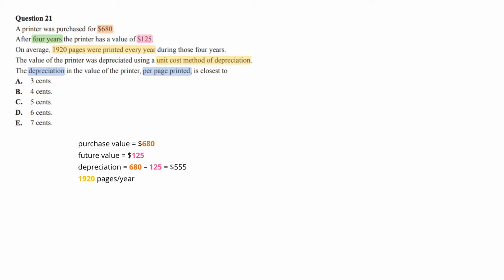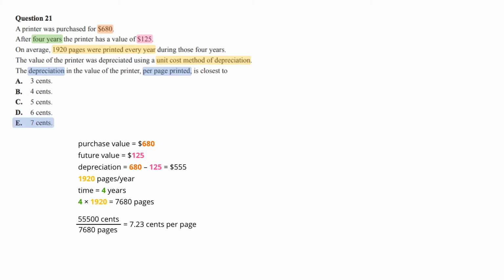Since 1,920 pages were printed per year over 4 years, this means that 7,680 pages were printed over the 4 years. We are going to divide 55,500 cents by 7,680 pages, and this gives us 7.23 cents per page, which is closest to option E, 7 cents.